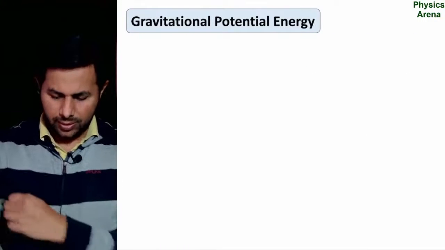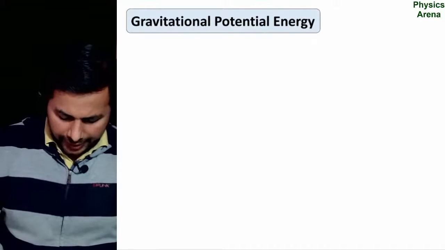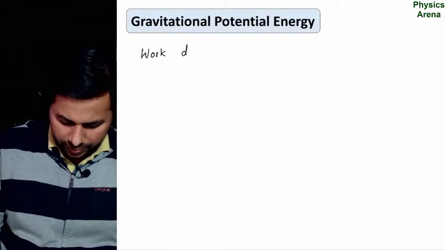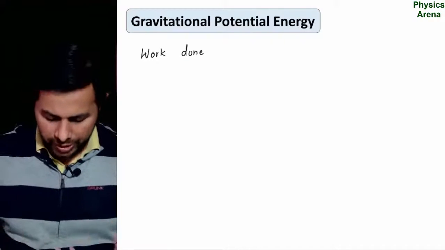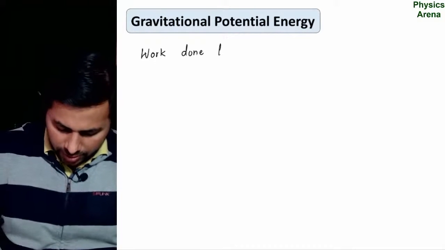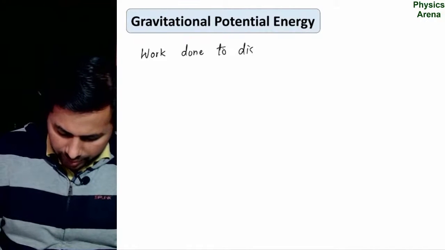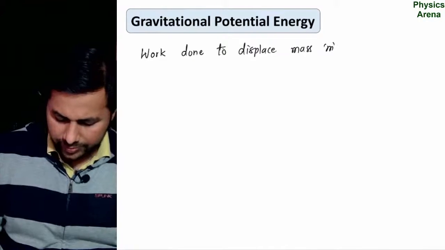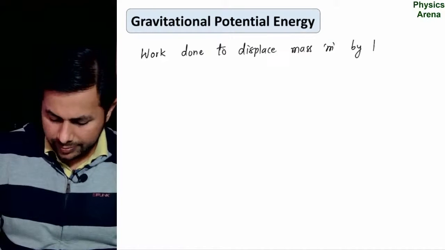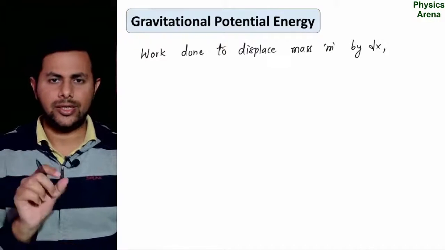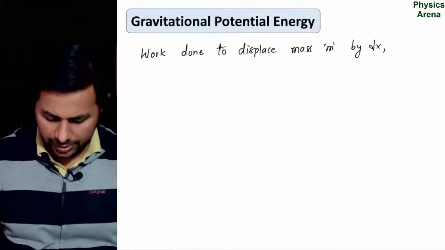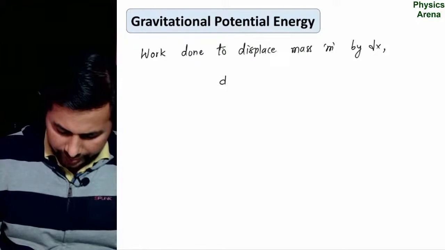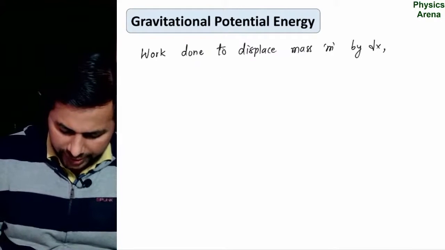Now I can say the work done to displace this mass small m by dx, let's suppose dx is positive, and this work done is against gravity. Let me write it explicitly: it is against gravity.